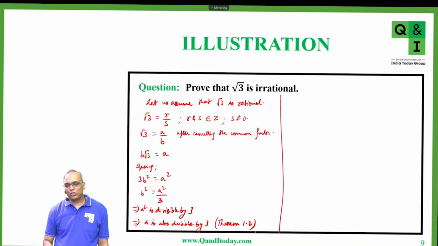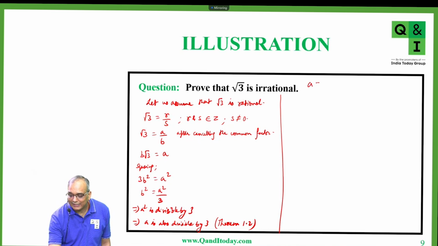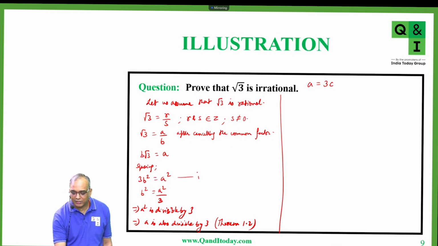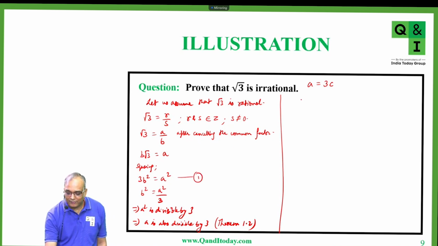Now, since a is also divisible by 3, that means I can write a is equal to 3 times c. Squaring, we will put it in equation 1. So we will get 3b square is equal to 9c square, or b square is equal to c square by 3.